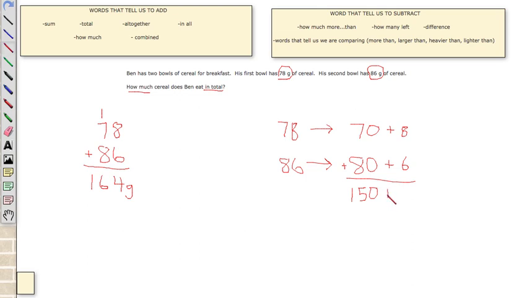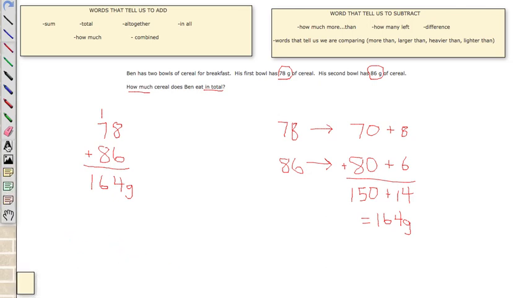And if I take my 8 ones and my 6 ones, I'm going to make 14. And together, those two are also going to make 164 grams.